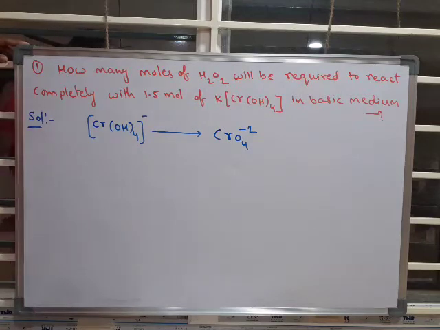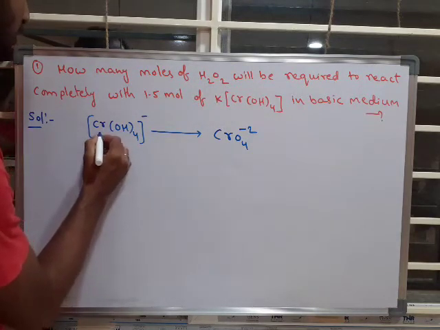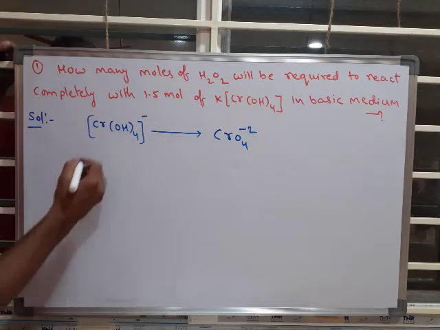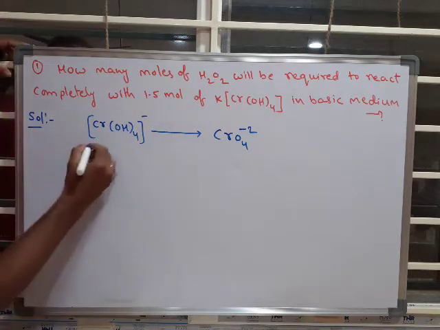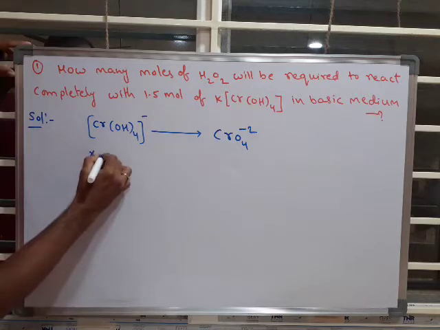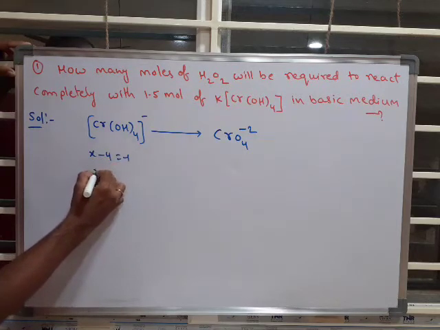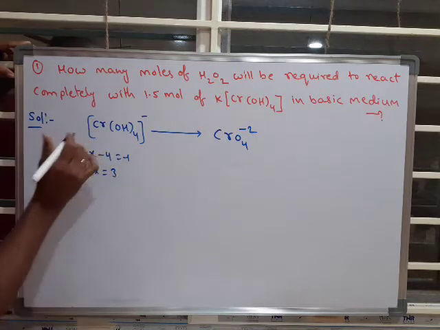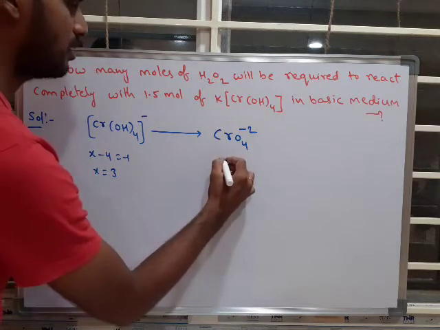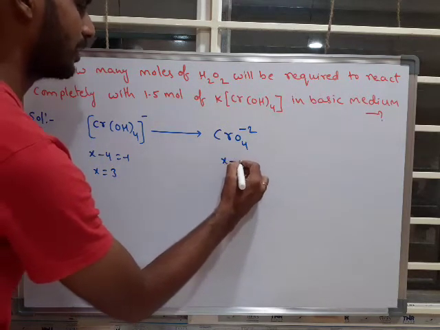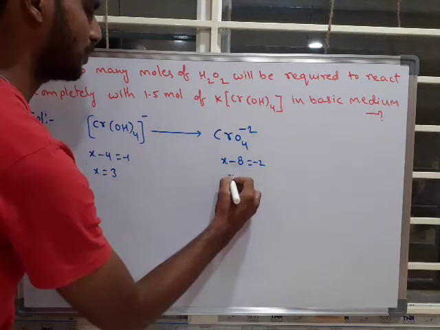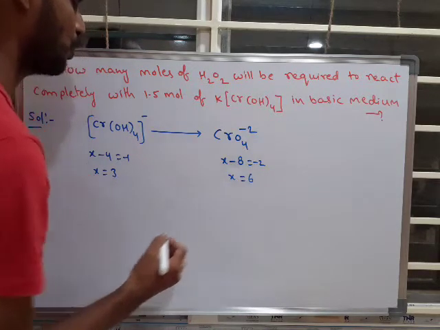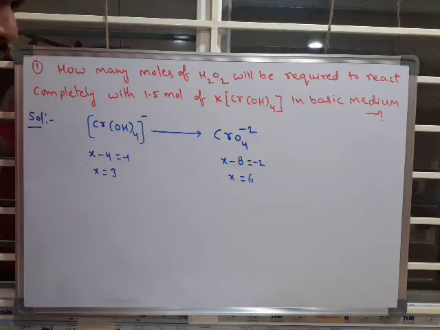Okay, so now we see what is the n factor. What is the chromium oxidation number? Here x minus 4 equals minus 1, so x equals plus 3. Chromium is in plus 3 state. Here x minus 8 equals minus 2, so chromium is in plus 6 oxidation state.